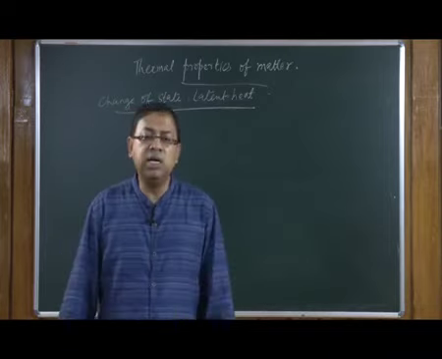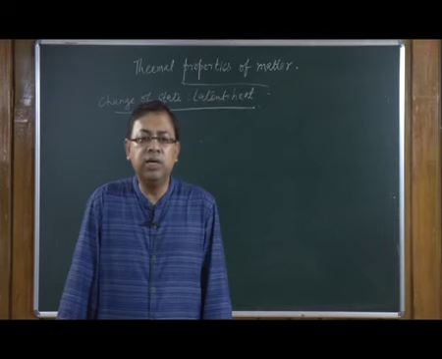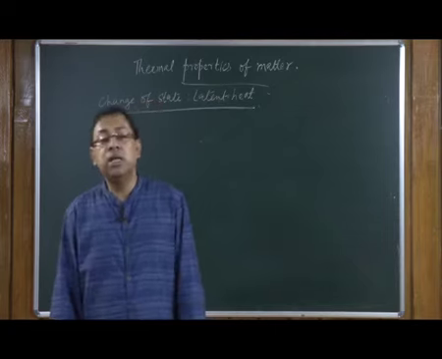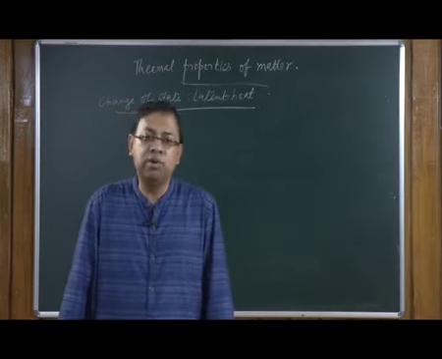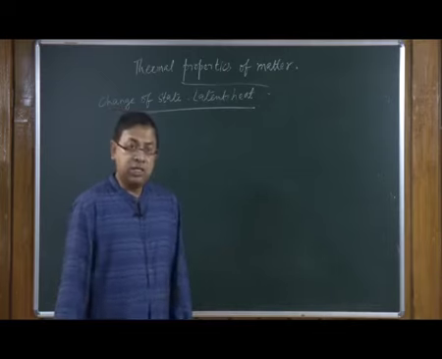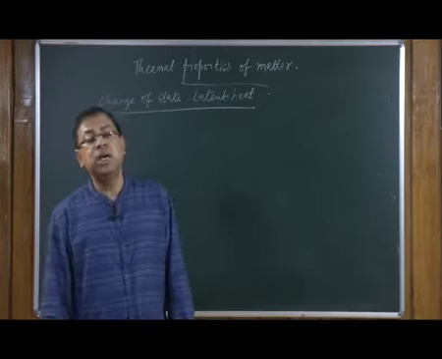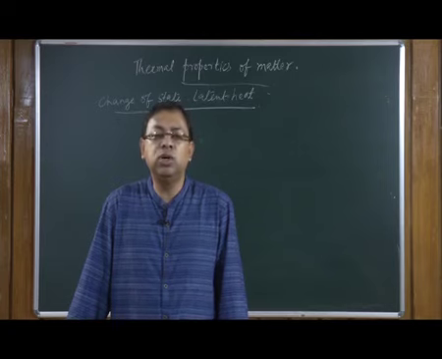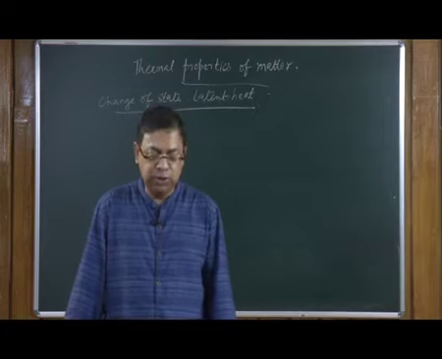Normally we understand that when we add heat to or remove heat from a substance, the temperature would rise or fall depending on the situation. Now, there are situations in which the temperature does not rise or fall even if heat is added or removed.